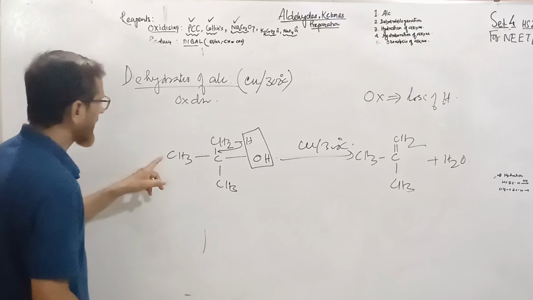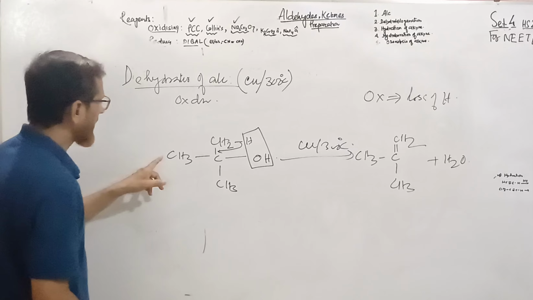This follows anti-Markovnikov's rule. Say you assume here CH3. Here no hydrogen and here hydrogen is there.